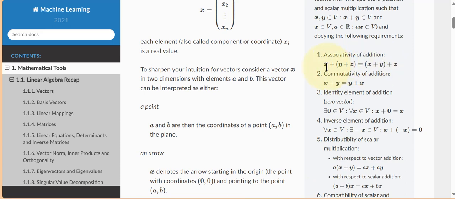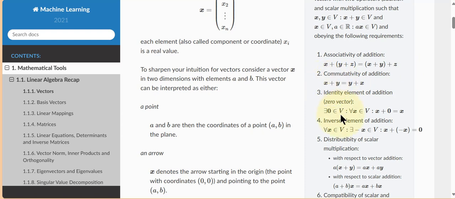If you take one function plus another, or you add the first two functions first and then do this one, it's not going to make any difference. And it doesn't matter if you put one function here and the other function there, or you reverse the order of adding them.